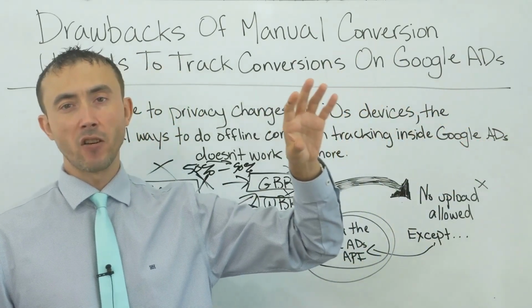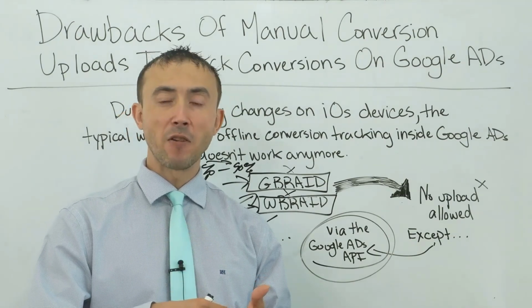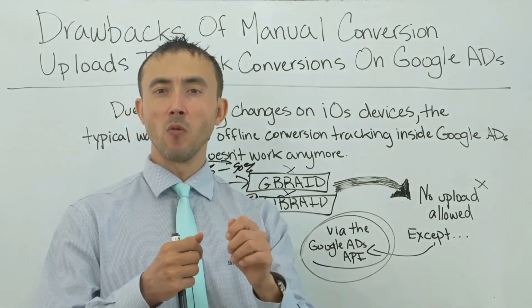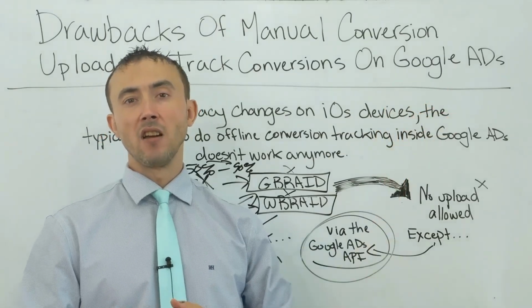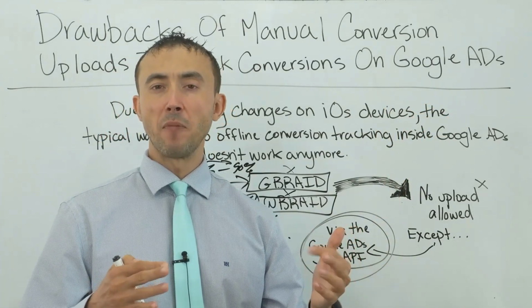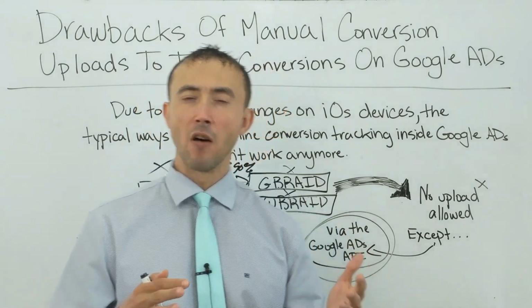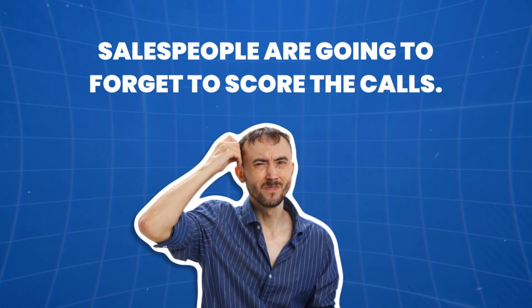At the end of the call, they train their sales staff to hit 9, and then immediately after, hit 1 if the call was qualified, or 2 if not, and use that to send conversion data into Google Ads. You can also use that to pipe the sales value through that mechanism itself, which I don't like too much, because salespeople are going to forget to score the calls.